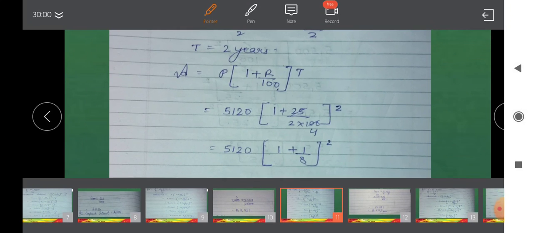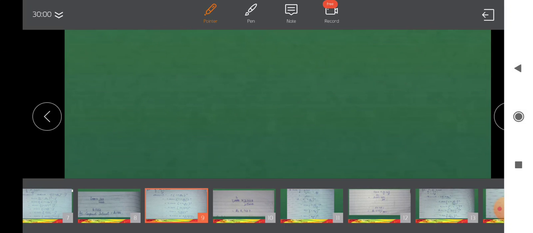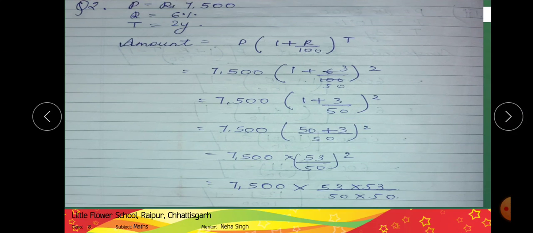So, second question, first part. Principal is given 7,500, rate is given 6% and time is given 2 years. So amount will be P into 1 plus R upon 100 power T, right?